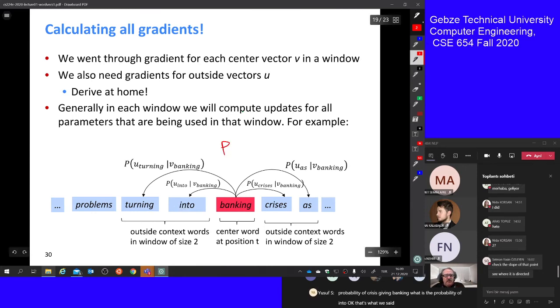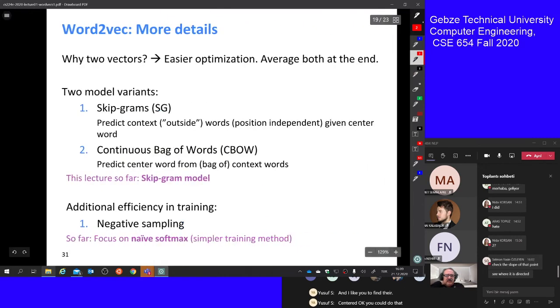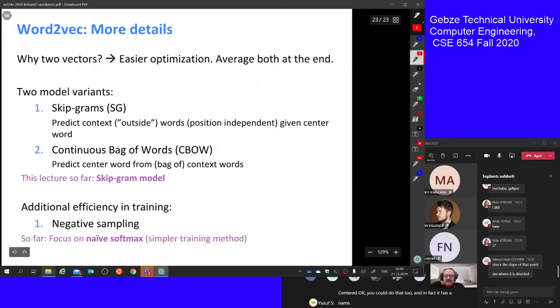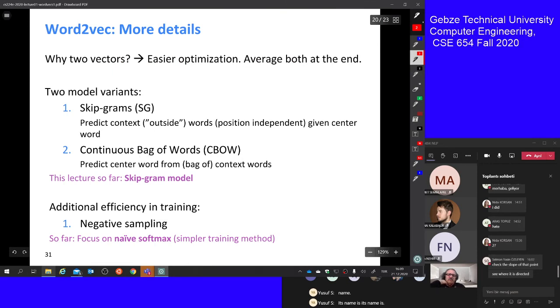Why didn't we do given as, what is the probability of banking? It's like I am giving you the context word and I'd like you to find the center word. You could do that too, and in fact it has a name: continuous bag of words. So far we did the skipgram.